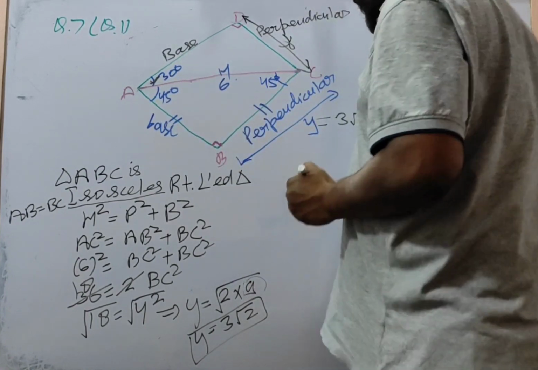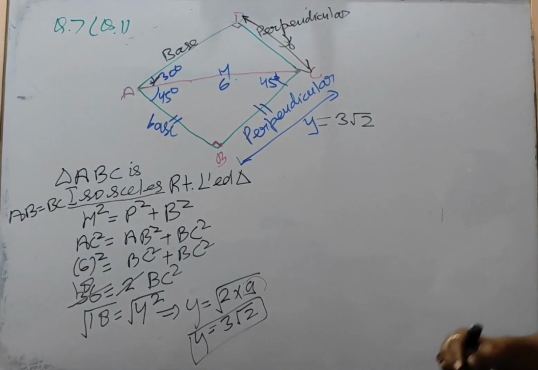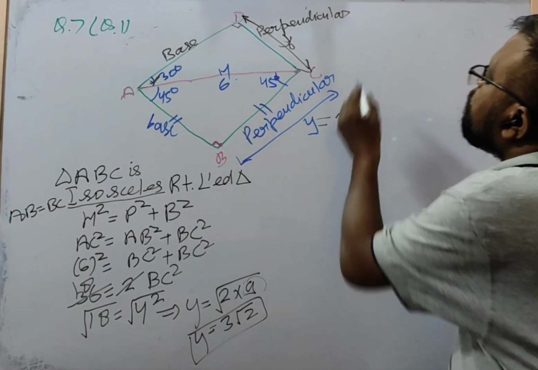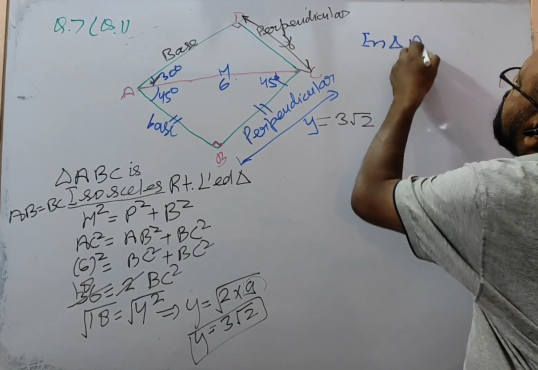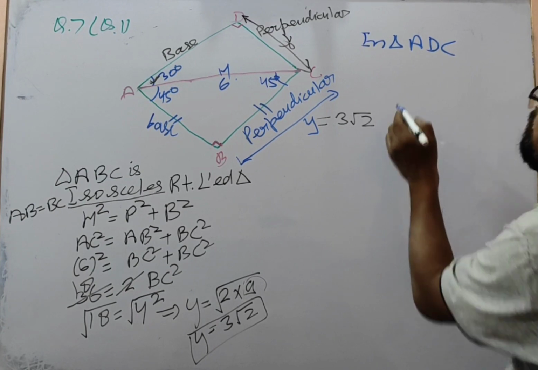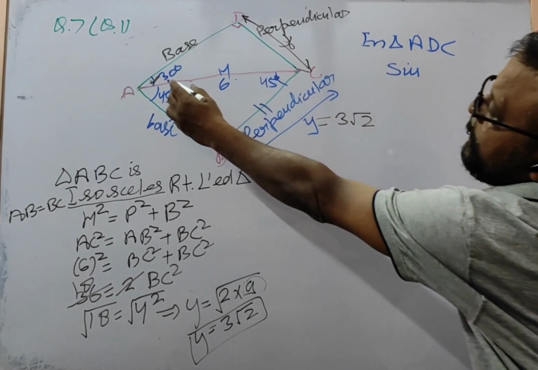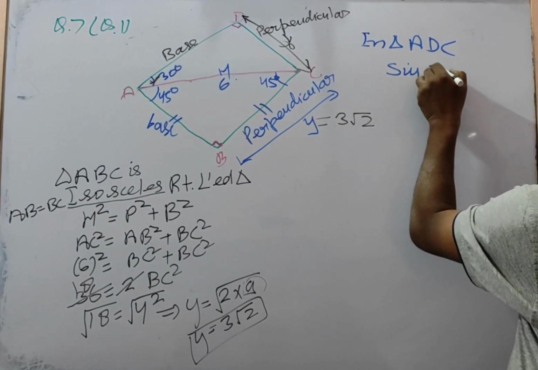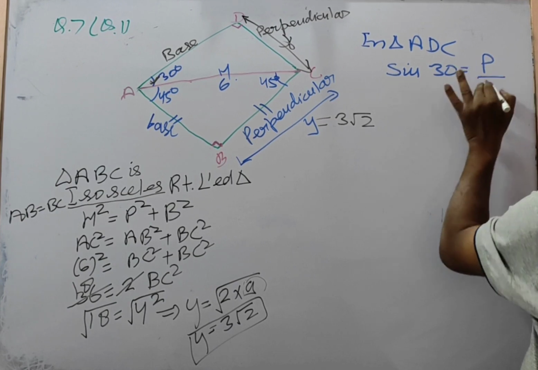So here, in triangle ADC, we use sine 30. Sine 30 is equal to perpendicular upon hypotenuse.